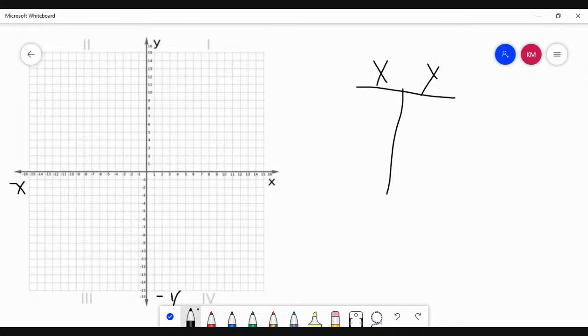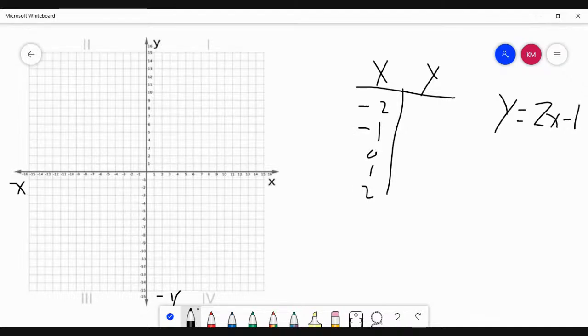When I have the equation y equals 2x minus 1, you can do a table version, which allows you to do -2, -1, 0, 1, and 2.